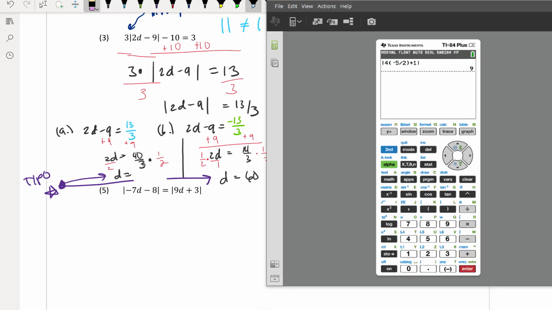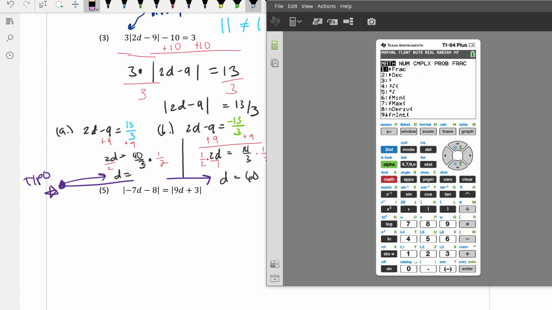So let's bring that up on the calculator, okay? Just to make sure you know what I'm talking about. So I went too fast. So if I have my fraction of 40 divided by 3, and I'm going to, let's say, multiply by 1/2, then my answer is going to be this. It's a decimal. I don't want a decimal, so I'm going to turn it into a fraction.